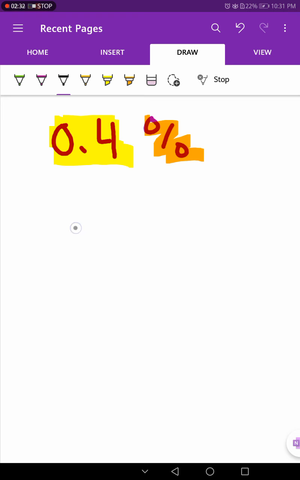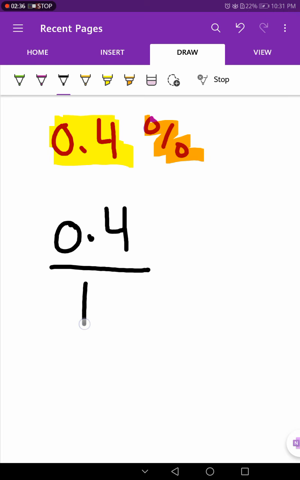So write it 0.4 over 100. Now, to release the 100 down, I have to move the decimal point according to the number of zeros. We have 2 zeros here, so I have to move the decimal point 2 steps. But I have 1 digit here, so I create another one here.